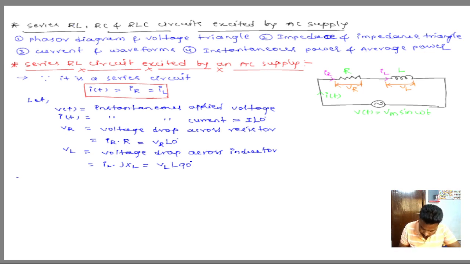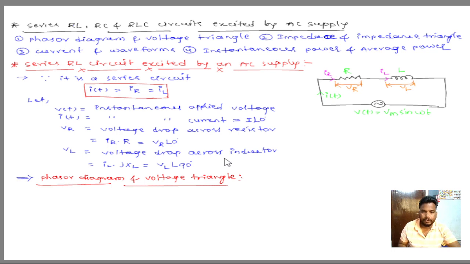Next, we are going to draw the phasor diagram and voltage triangle. Remember, to draw the phasor diagram for any series circuit, I already told you the current flowing through a series circuit is same.